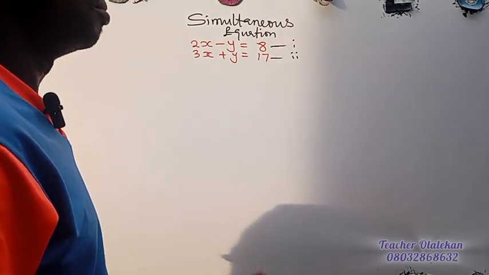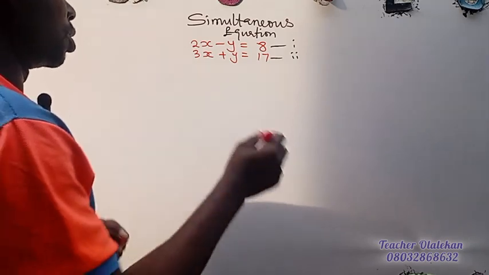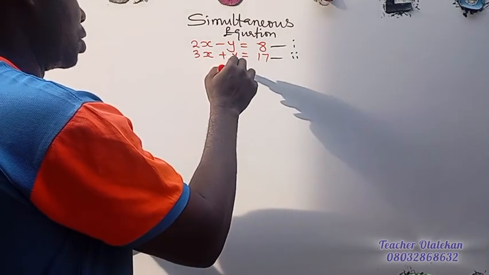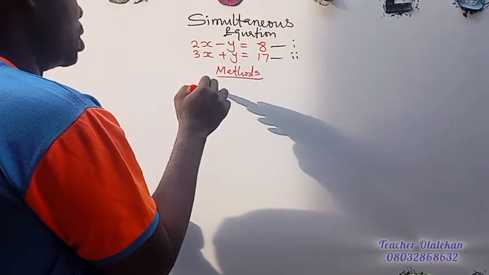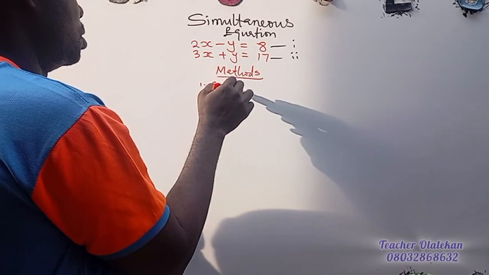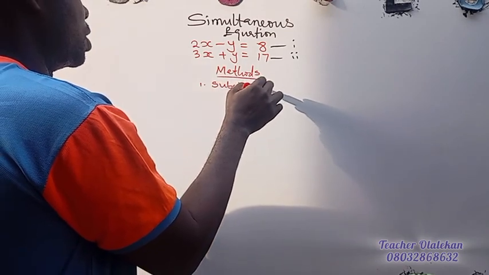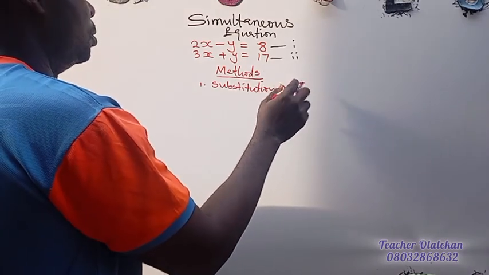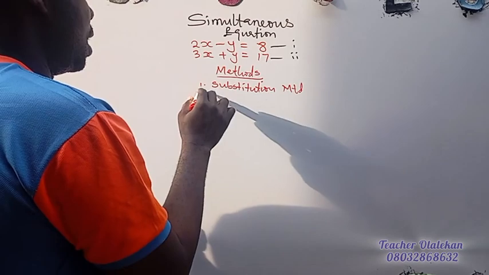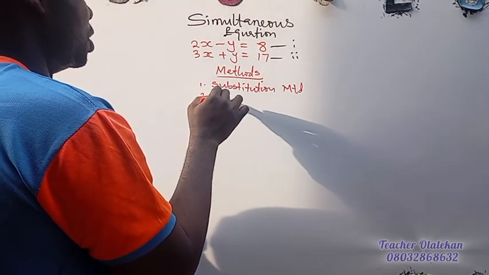There are three methods for solving simultaneous equations. There are just three. The first one is the substitution method. After the substitution method, we have the elimination method.